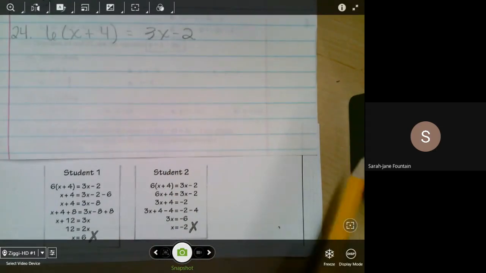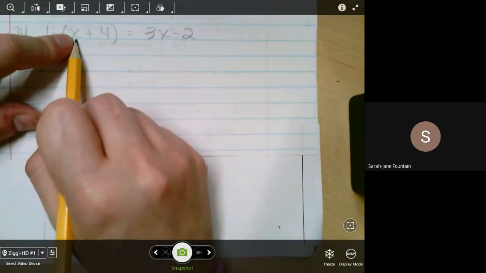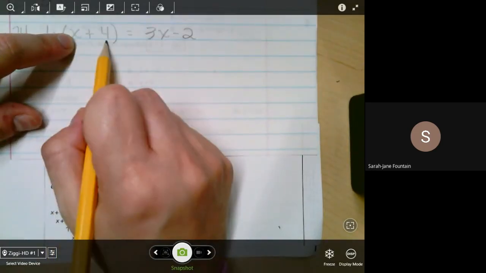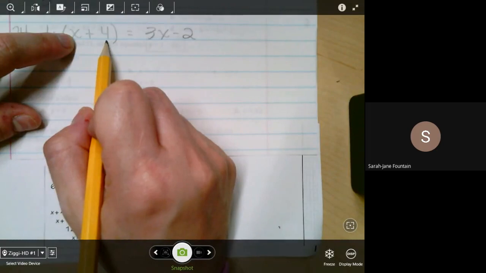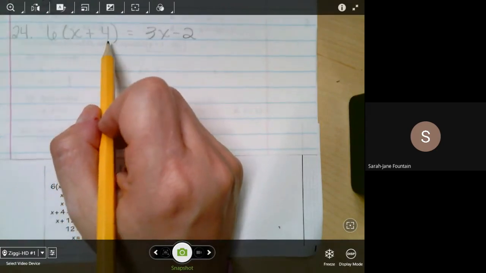So first off, I'm going to do my order of operations. Parentheses. What's in parentheses? The x plus 4. What is being done in those parentheses? You're multiplying. You can't add something with a variable and something without a variable. It is impossible. It will not give you the correct answer.